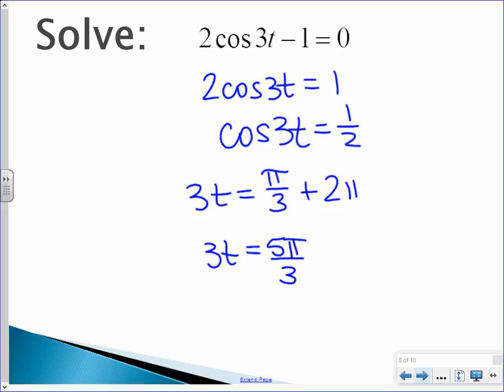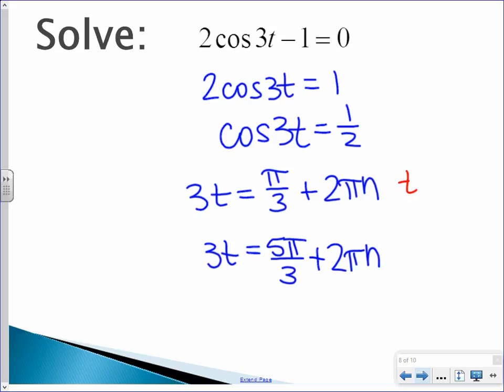And then we add in plus the period times n. Okay, those are the 2 angles that satisfy cosine as 1/2. However, our angle is 3t. So then, to actually write our solutions, we have to divide by 3.